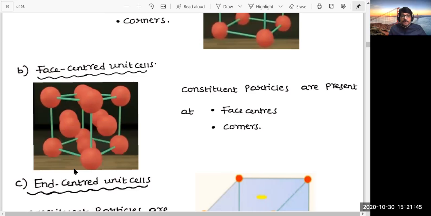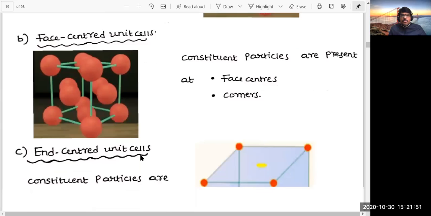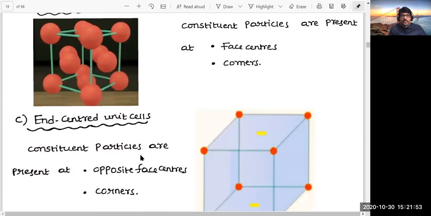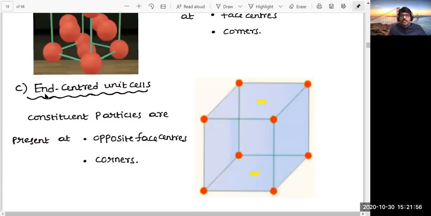If a unit cell is produced like this, it is called face-centered unit cell. One more thing: generally students get confused with body center, face center, and they may think end centered, but it's not edge centered, it is end centered unit cell.